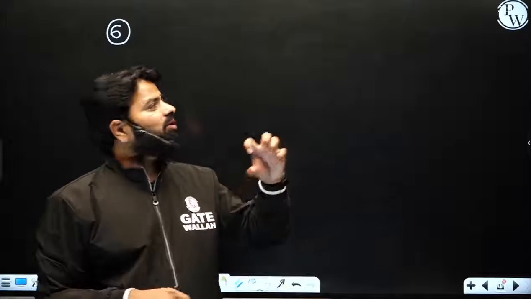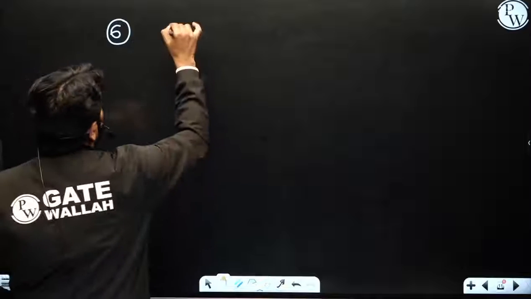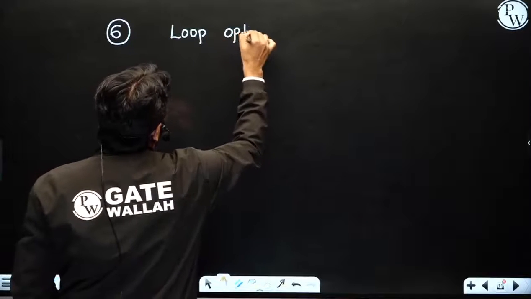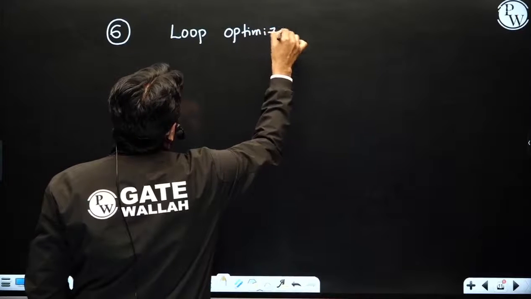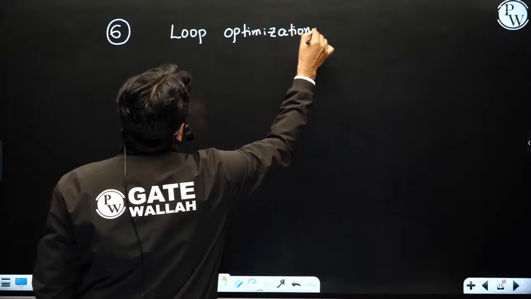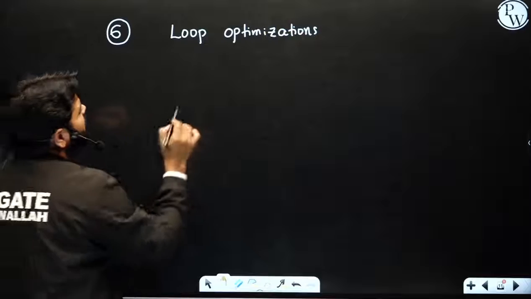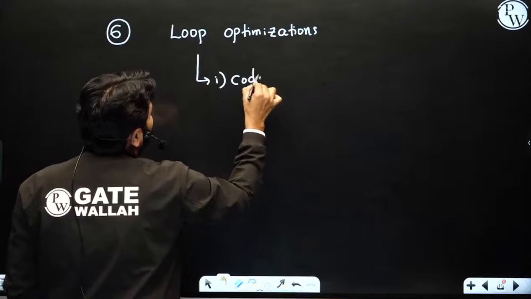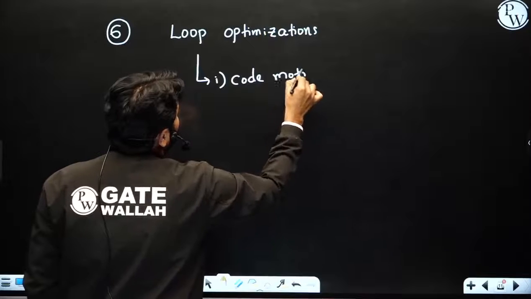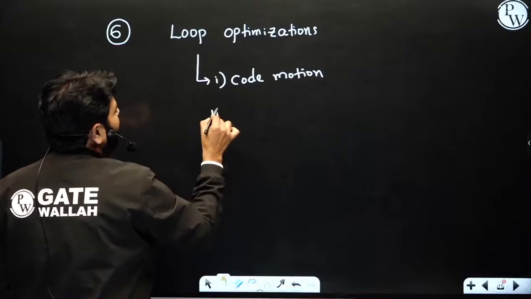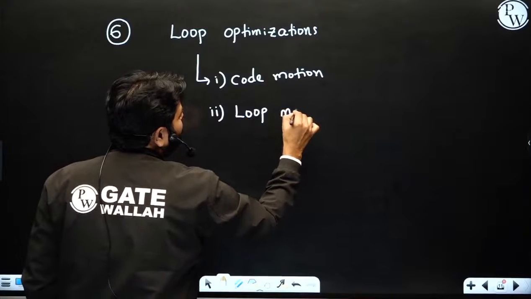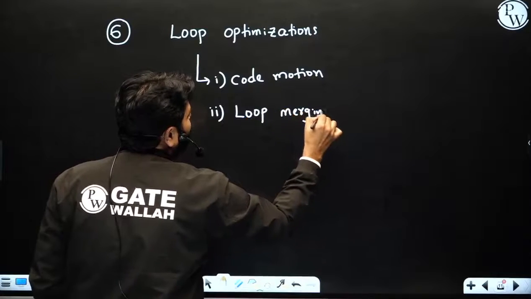And now we are going to look at a very interesting optimization, loop optimizations. There are various loop optimizations in which you can move the code before or after the loop to save time, or sometimes you can merge the 2 loops, loop merging or loop combining or loop fusion.